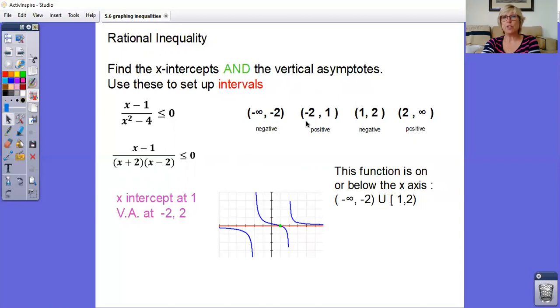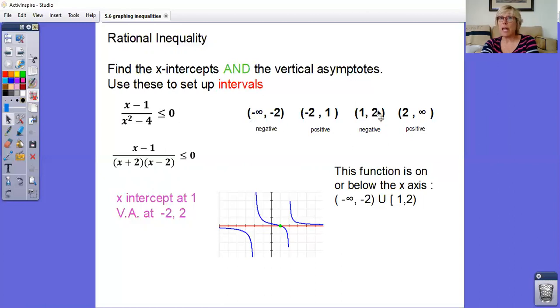Then from -2 to 1, from 1 to 2, and then from 2 on to infinity. Notice I'm starting with -infinity and ending with positive infinity, and I have the asymptote numbers and the x-intercept numbers all in there. And I just use parentheses in my interval work.